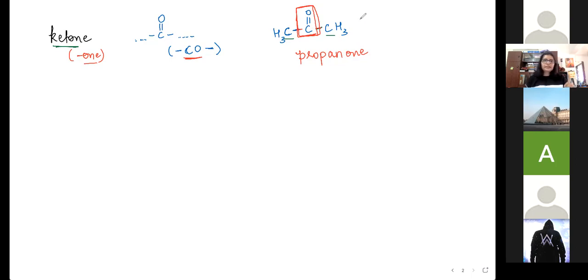This is again commercially important. It has a common name, so this is also called acetone. Propanone is the IUPAC name, the formal name. Acetone is the common name, the commercial one. A lot of you must have definitely come across acetone and used it. It is the major component of nail polish remover.